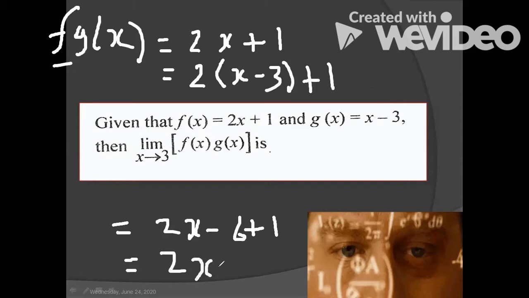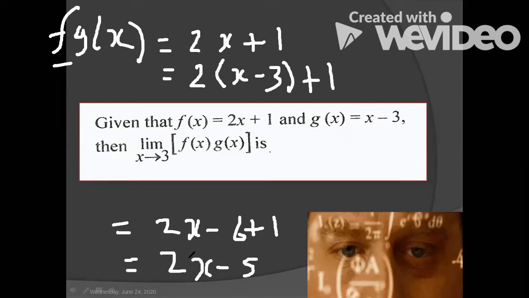And minus 6 plus 1 is actually minus 5. So f of g of x is actually 2x minus 5. So what we're going to do now is find the limit of that expression as x approaches 3.